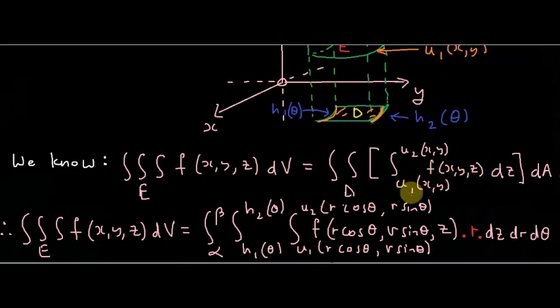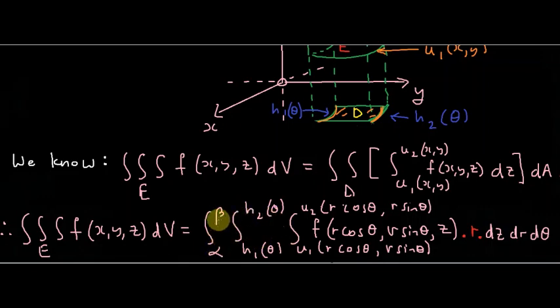We have z equals u1 and z equals u2, and the inner integral here, of course, will be the integral with respect to z. And we have dA on the outside, which could either be dx dy or dy dx, as we have done before. Then we can express a triple integral over the solid region E as this iterated integral.